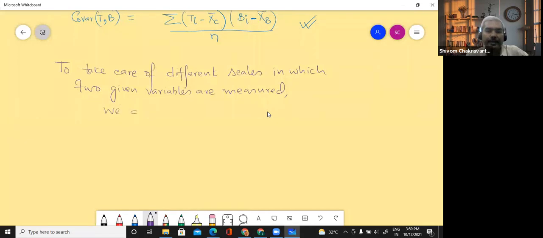That is, we divide the covariance by the standard deviations of the variables.